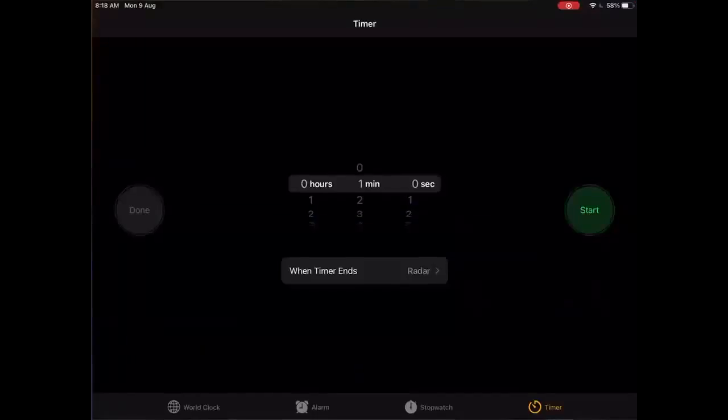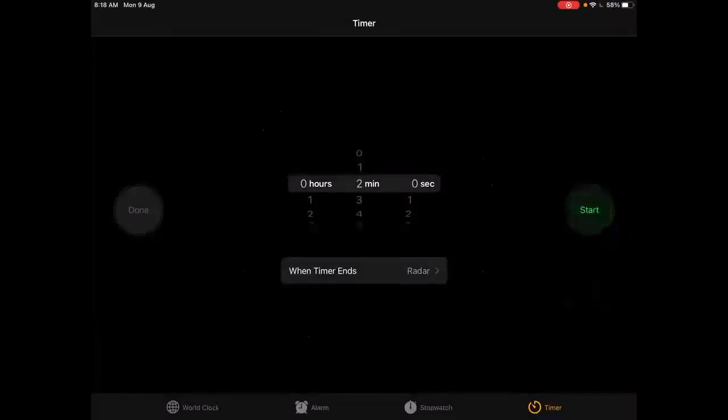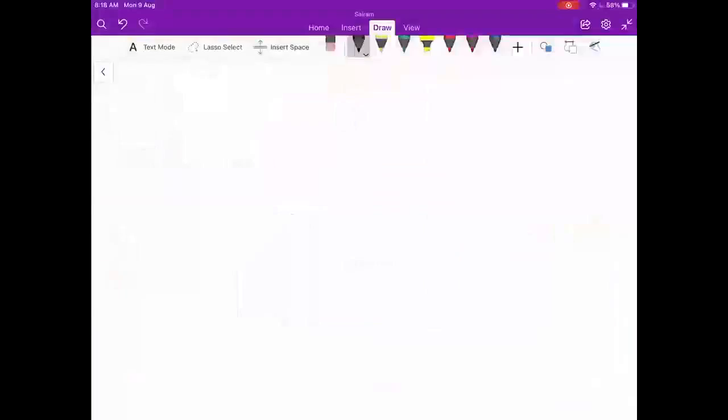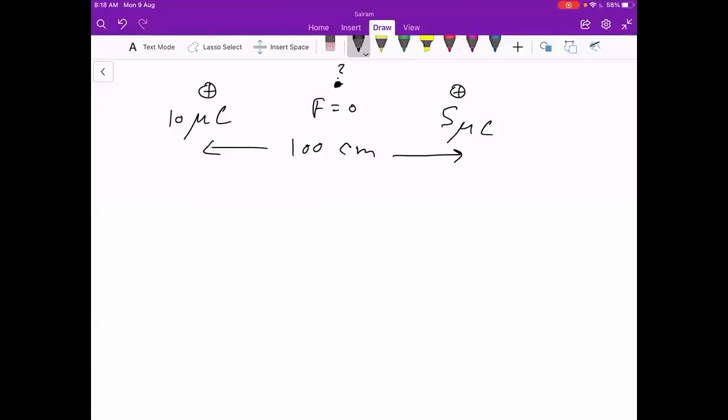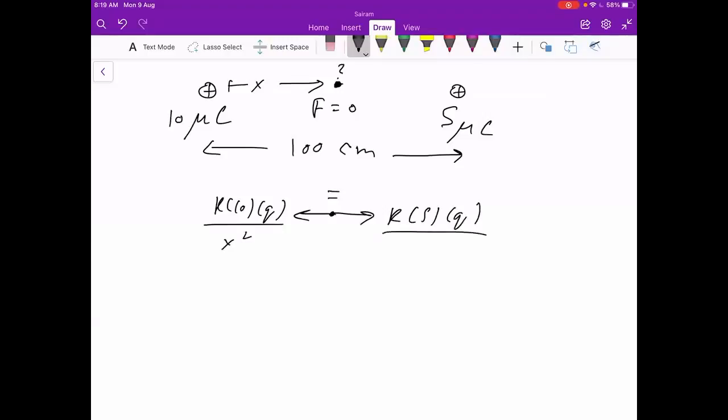Now I'll set a timer of 2 minutes for myself and I'll try to solve it within the time frame. So both of them will repel the charge or attract the charge, so they will be opposite to each other. There will be two forces, K into 10 into Q by x square, if I call this x, and that will be equal to the other force, K into 5 into Q by 100 minus x whole square.